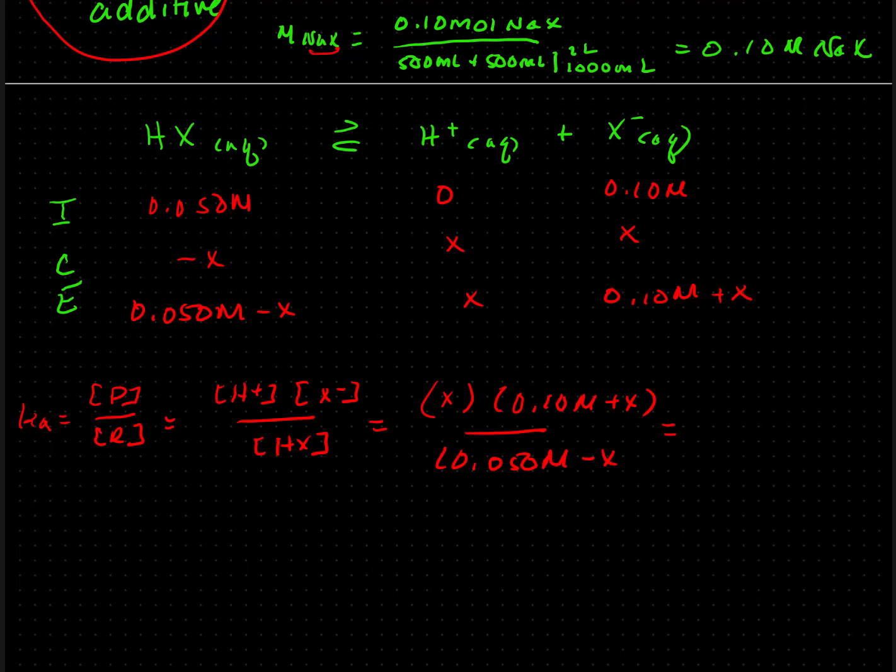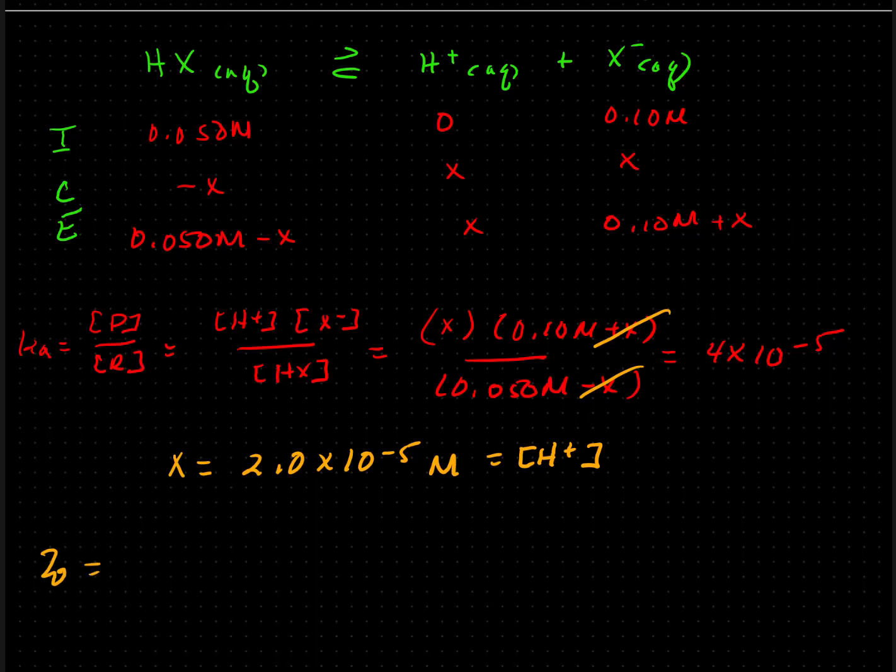This is equal to 4 times 10 to the negative fifth. I'm going to assume the 5% rule, so these x's approach 0. So x, after calculation, becomes 2.0 times 10 to the negative fifth molar. This is the concentration of H plus at equilibrium.